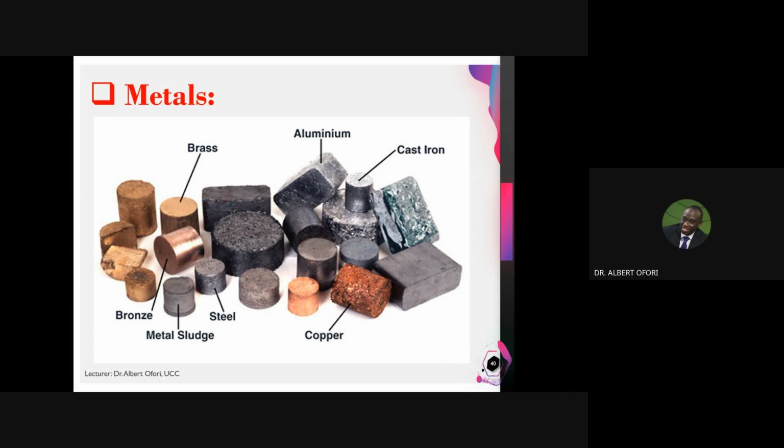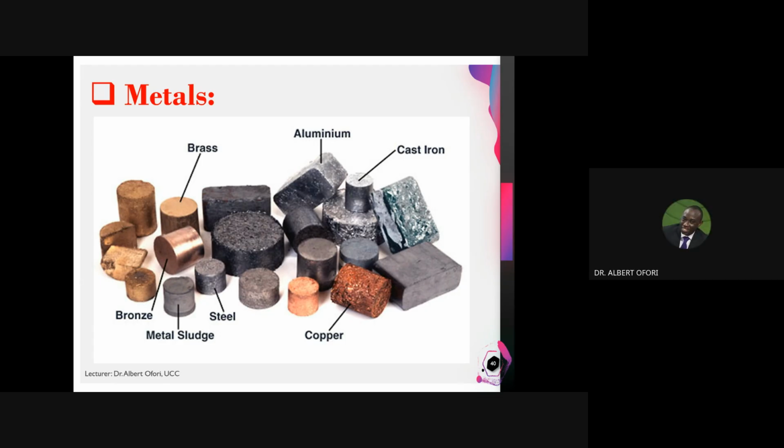Can three people give me properties of metals? How do we see that this one is a metal? Both physical and chemical. Okay, one is that they are malleable. Malleable means? Malleable means they can be beaten into shapes. Thank you.